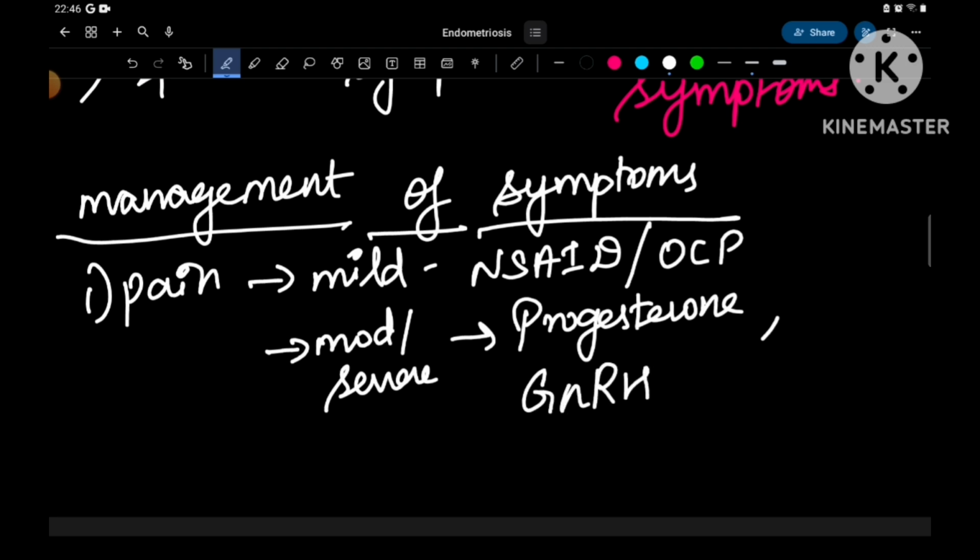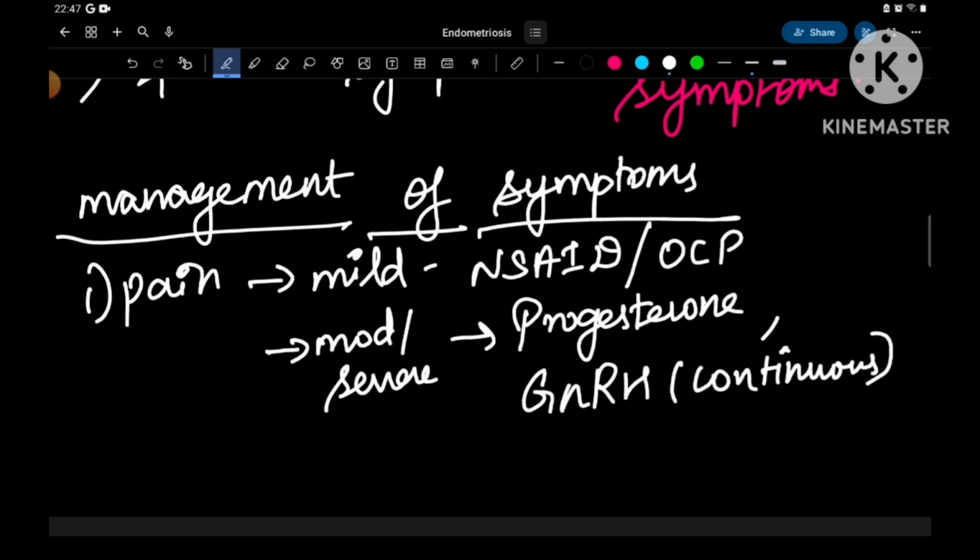GnRH, guys, if you have to deal in detail, it will take a lot of time. So I'm just saying, when GnRH is given in a pulsatile manner, it increases LH and FSH. But when it is given in a continuous manner, it decreases LH and FSH. Remember this. Our own body secretes in a pulsatile manner.